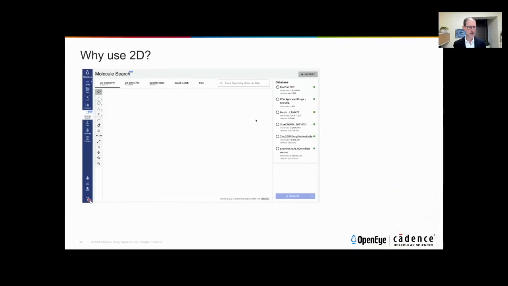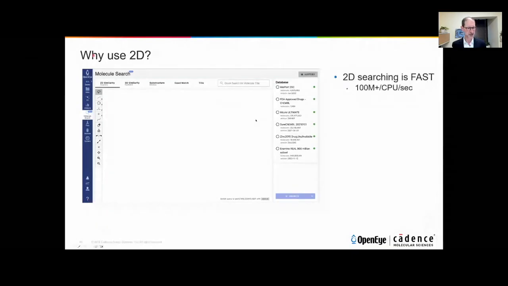So here's a quick illustration, I hope, of why we find 2D methods to be particularly useful. Sorry, a visual problem here. Never mind. What I was going to show you here is very fast 2D searching. We can achieve rates here of over 100 million molecules a CPU second, and some are almost an order of magnitude faster than that.